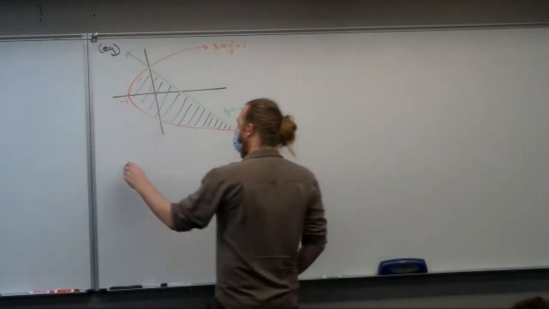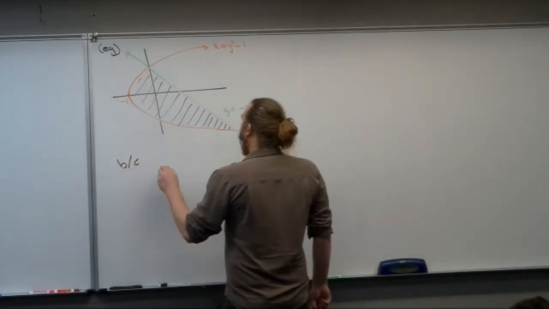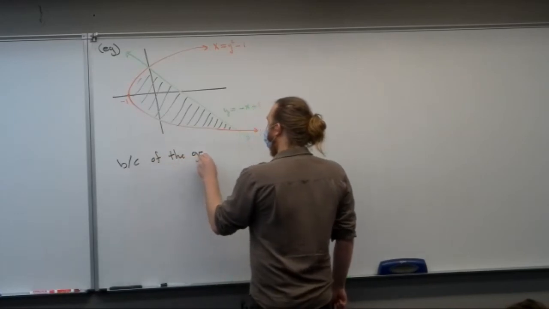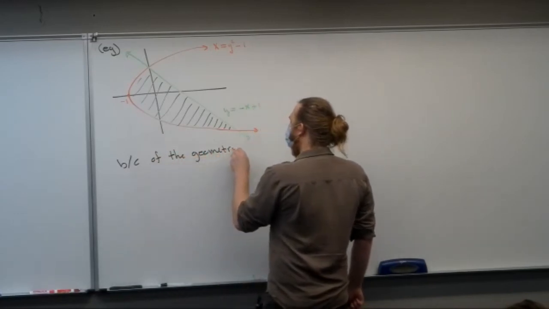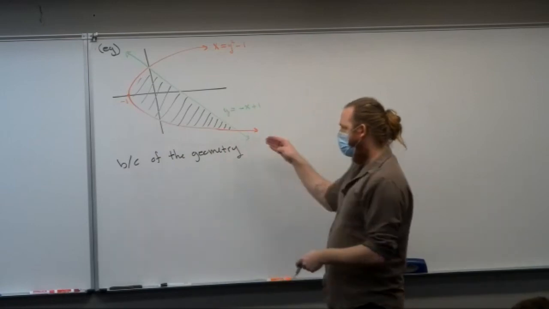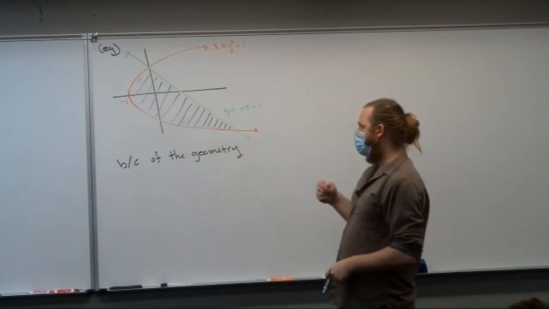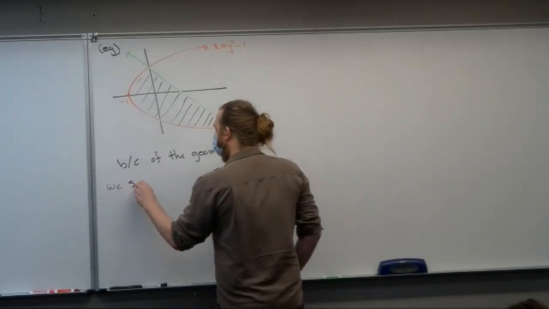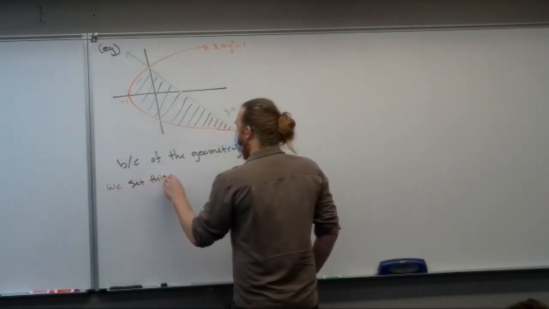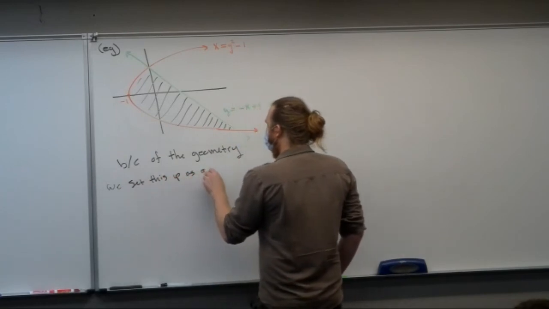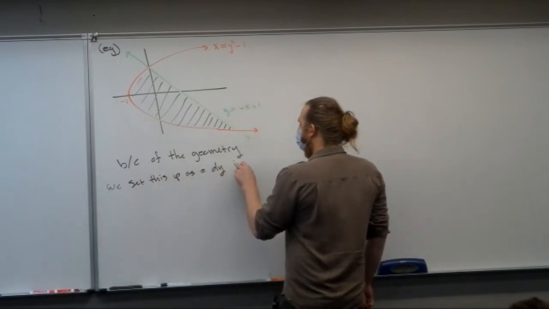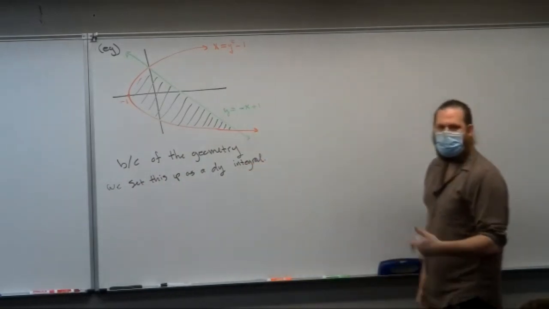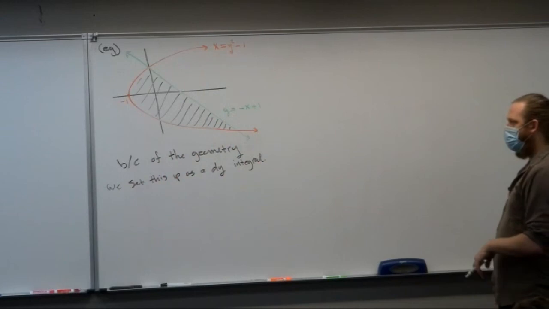So first, because of the geometry, right, the reasons that I just described, there is a consistent right minus left. There is not a consistent upper minus lower. We set this up as a dy integral. In other words, we're going to do the right minus left thing instead of the upper minus lower thing.